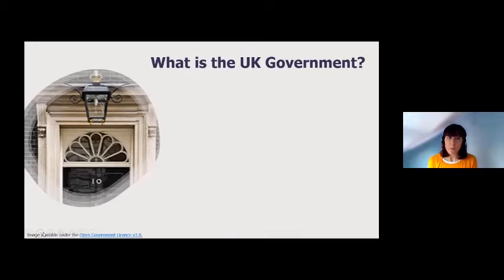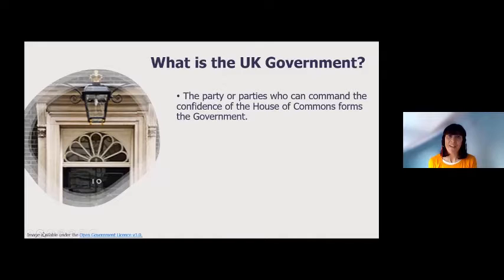It's a good moment to just pause and think about what is the UK government. Here is a very carefully worded sentence. It's the party or parties who can command the confidence of the House of Commons, who form the government. So it's all about that word confidence. The government needs to demonstrate that they have the confidence of a majority of our elected representatives.